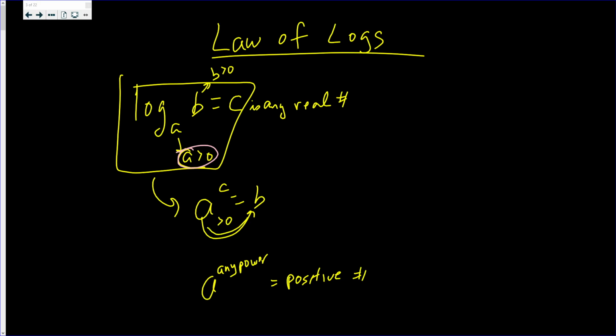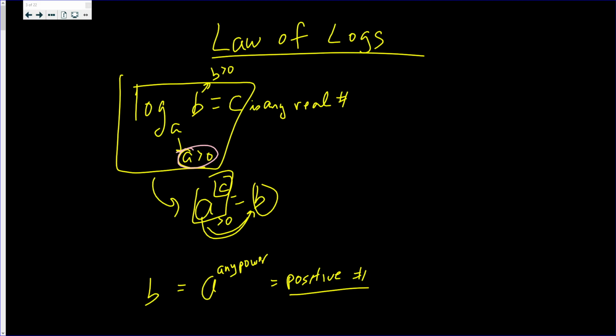Hmm, what is going wrong here? I got it. I wrote this down wrong. A to the C, which is a positive number, is equal to B.